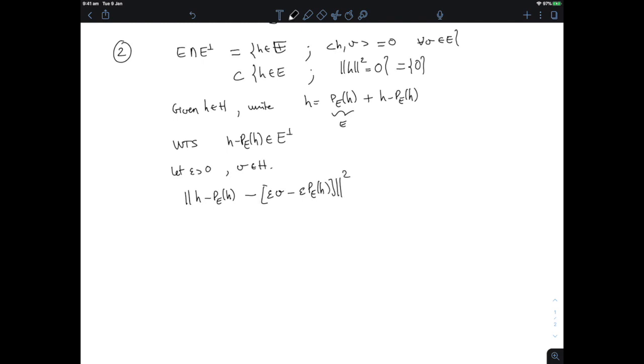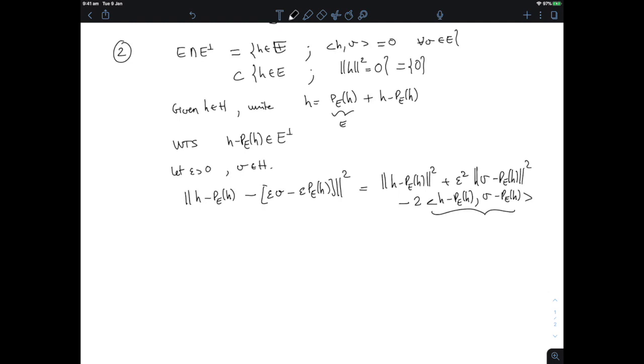Right, so let's expand that. When I expand that, I get the norm of H minus PEH squared, plus epsilon squared times the norm of V minus PEH squared, and then I get minus 2 times the inner product of H minus PEH with V minus PEH. Okay, and what can I say about this?